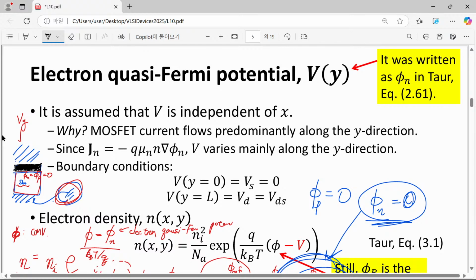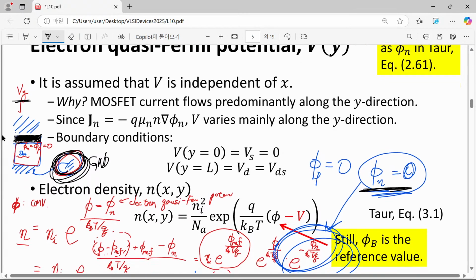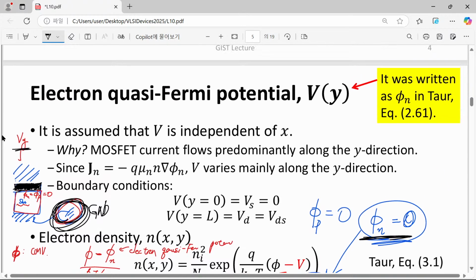So the impact of this gate voltage is fully prevented by this oxide, and this silicon region is entirely dictated by this ground. That's the reason why we were able to safely say that the quasi-Fermi potential is 0 for our silicon substrate.